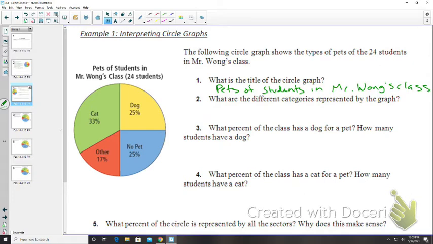Well, we have cat, we have no pet, we have other, and we also have a dog. Okay, so these are the four sections or the four categories on this graph.